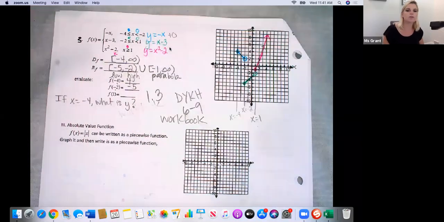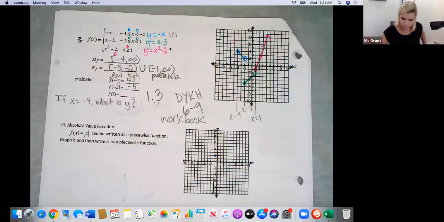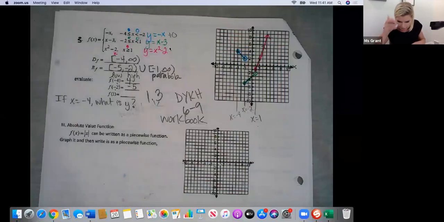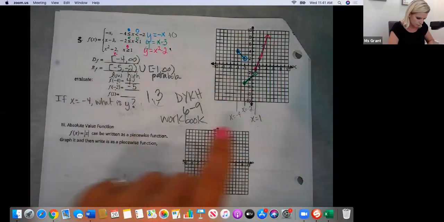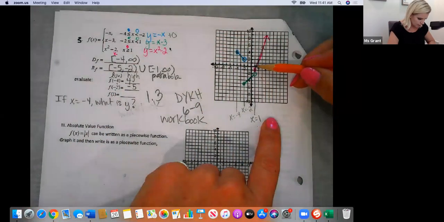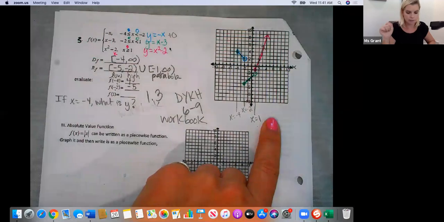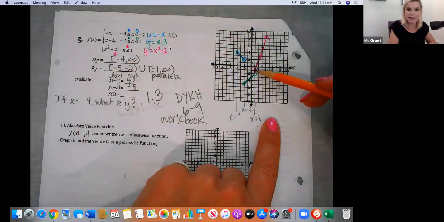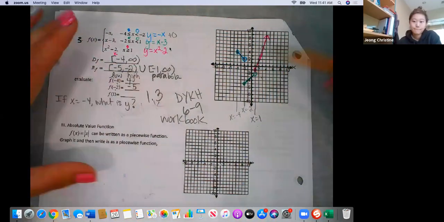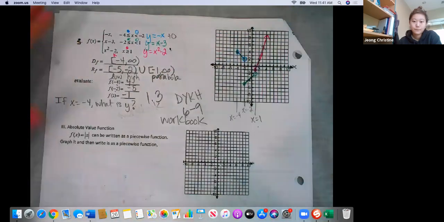When x is -2, y is -5. Thank you, ma'am. Okay, when x is 1, go over 1. And look, I've got a pink closed circle and I've got a green open circle. So I don't want to choose anything that's excluded. So Christine, you choose -1. Yeah, the pink. Good.